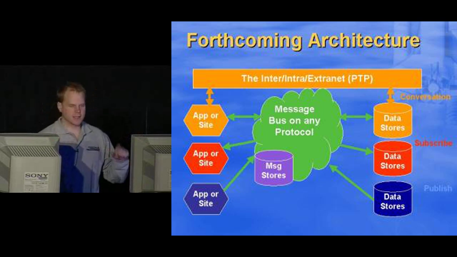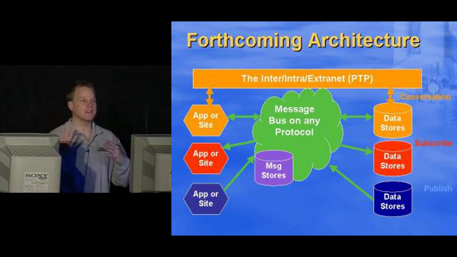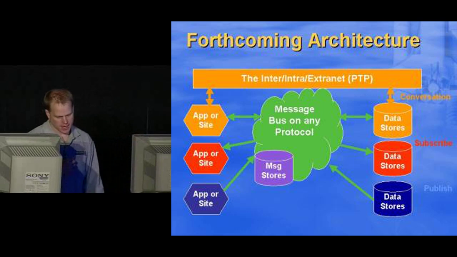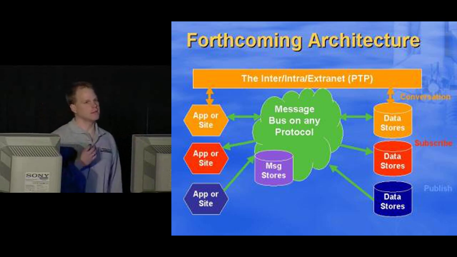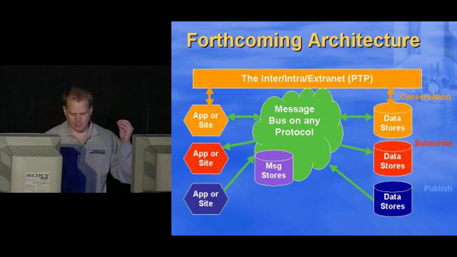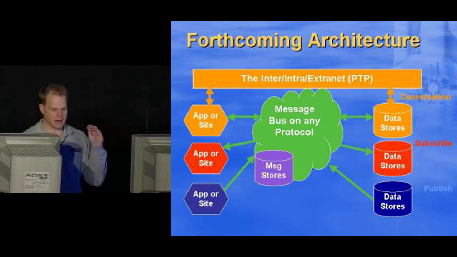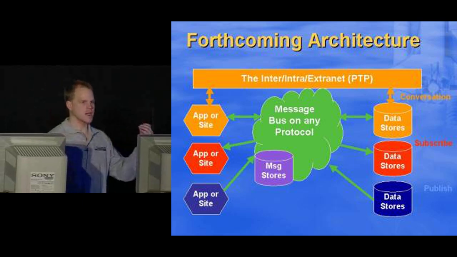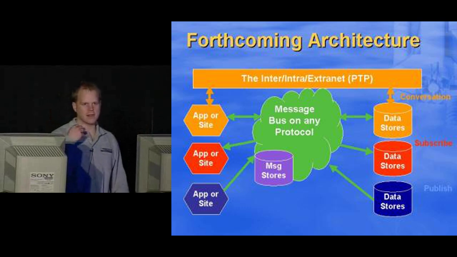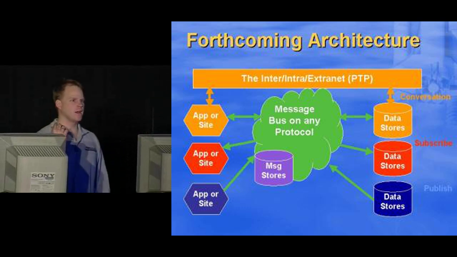So the thing that ties these messages in this message bus together is the service. As I said, the service, this named resource, is going to make available to you via URL the message formats that you want to request.